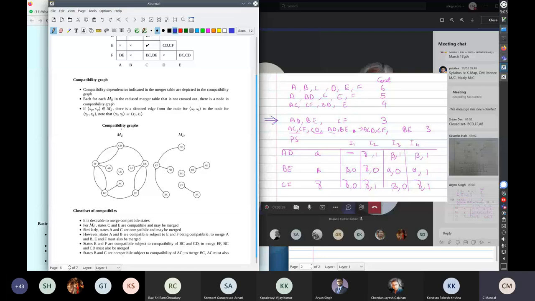Have you covered everything? The AD, BE, and CF. So you have covered everything. And there are some other options also.